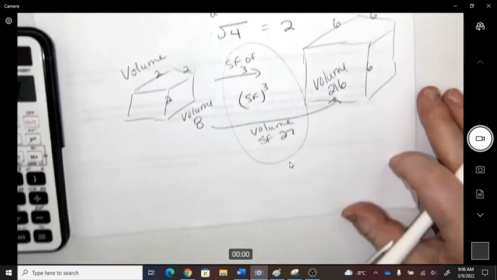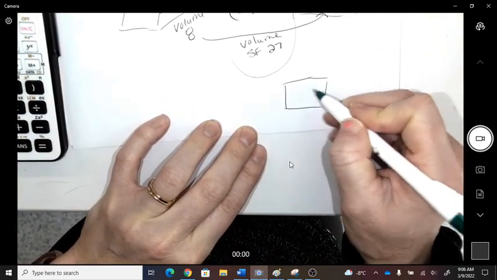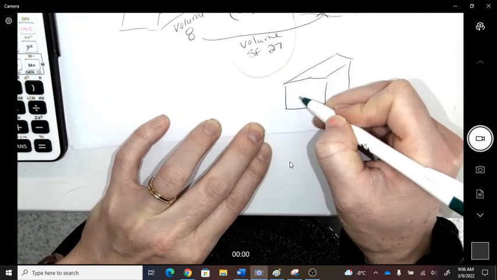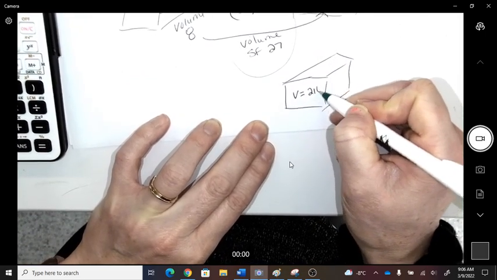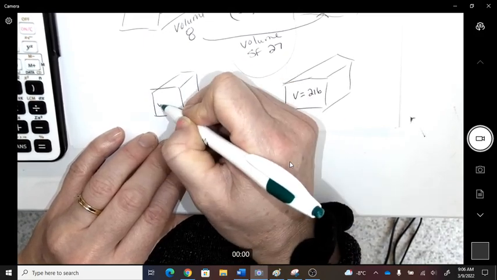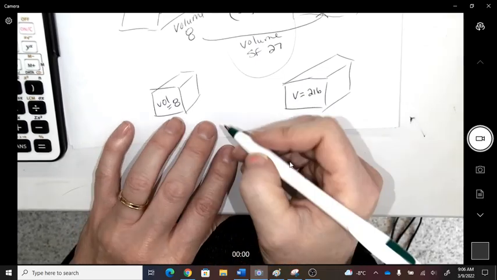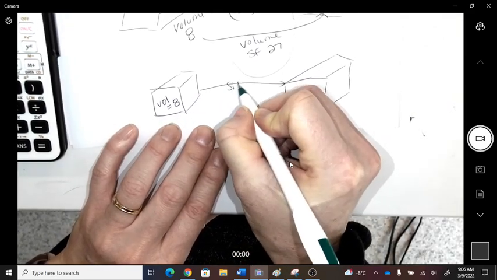Then I might give you this problem working backwards. I might tell you the volume equals 216, and here I might say the volume equals 8. And then I might ask you, what are the sides changing by?